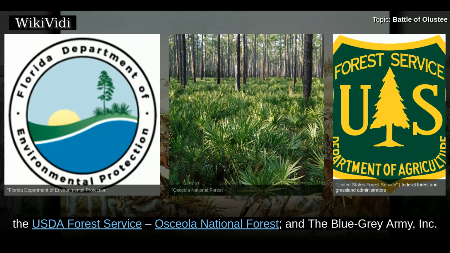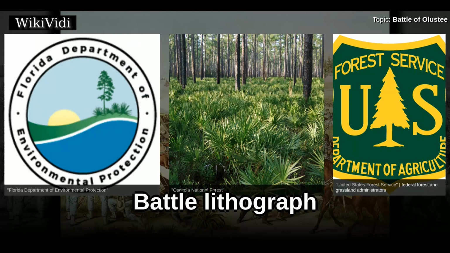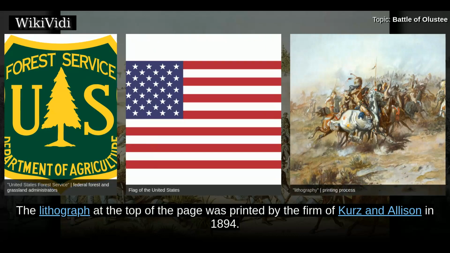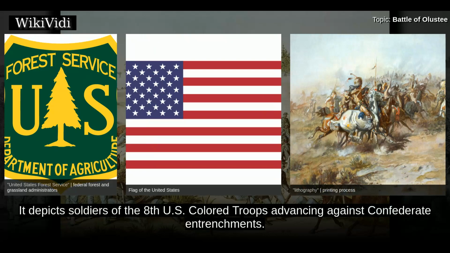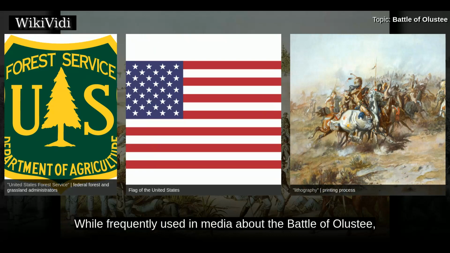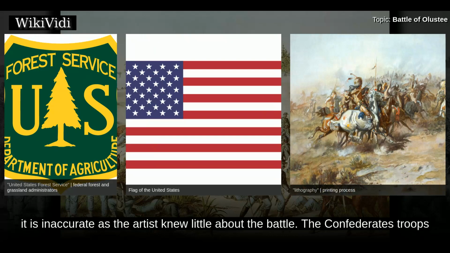Battle lithograph. The lithograph at the top of the page was printed by the firm of Kurtz and Allison in 1894. It depicts soldiers of the 8th U.S. Colored Troops advancing against Confederate entrenchments. While frequently used in media about the Battle of Olustee, it is inaccurate as the artist knew little about the battle.